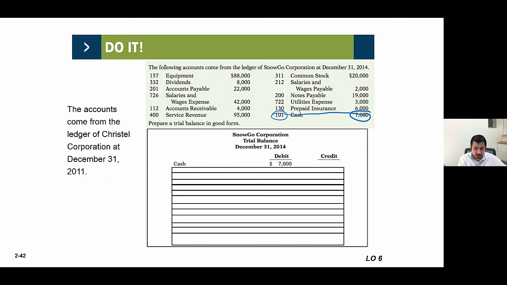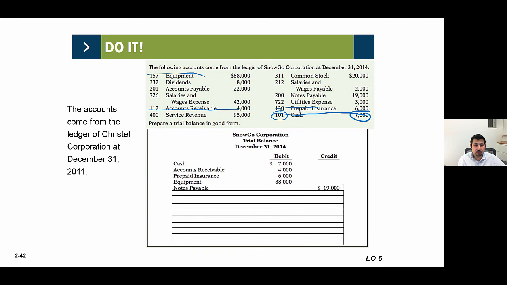Second one, we look at accounts receivable. Then we have prepaid insurance. After that, we have equipment, notes payable.